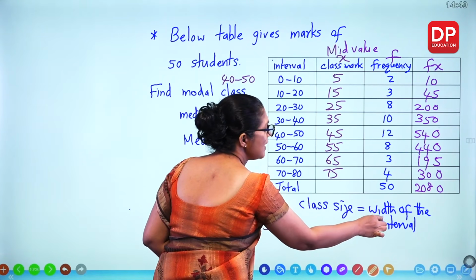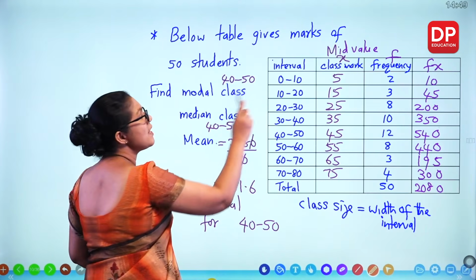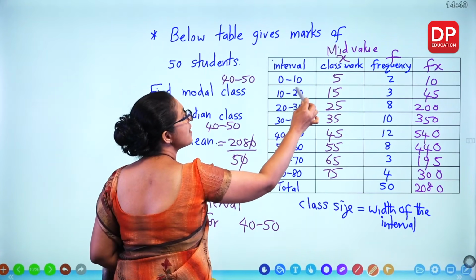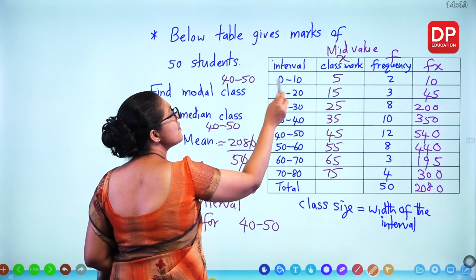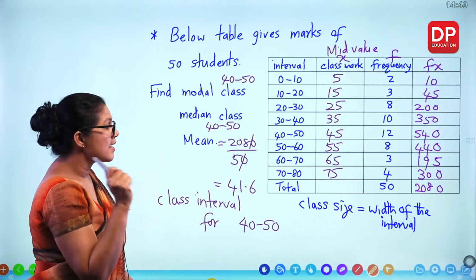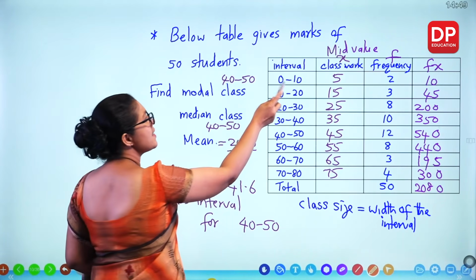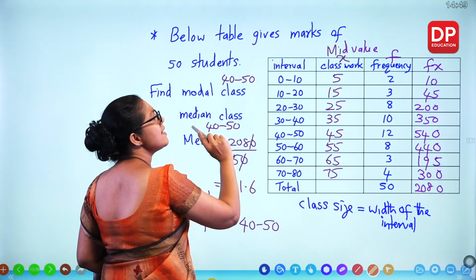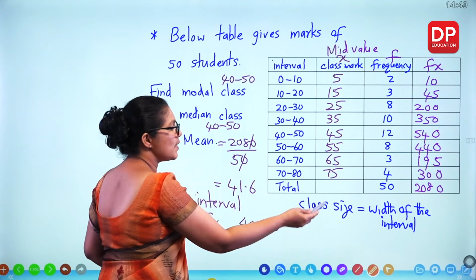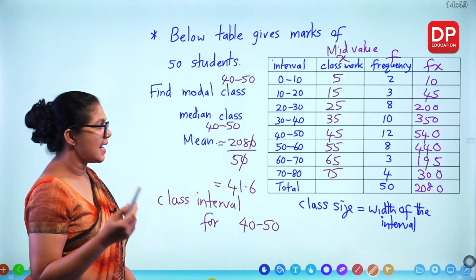Normally, we take the difference between the boundaries, class boundaries. Here, when there are no gaps, the difference between these two values is the class size. 10 minus 0, 10. 20 minus 10, 10. 30 minus 20, 10. So, all these class widths or class sizes are 10.